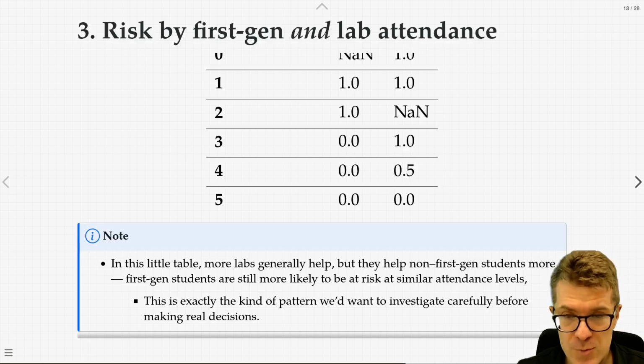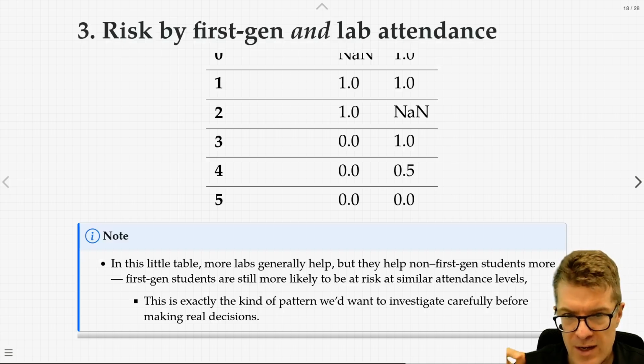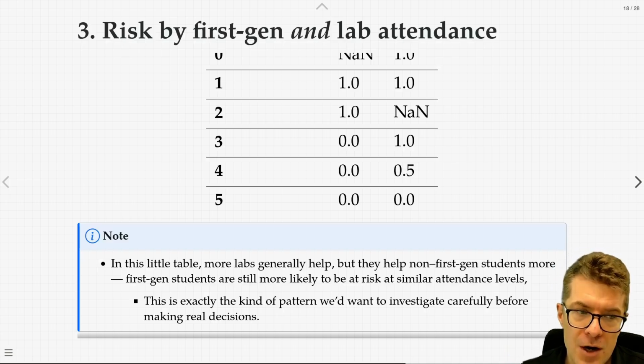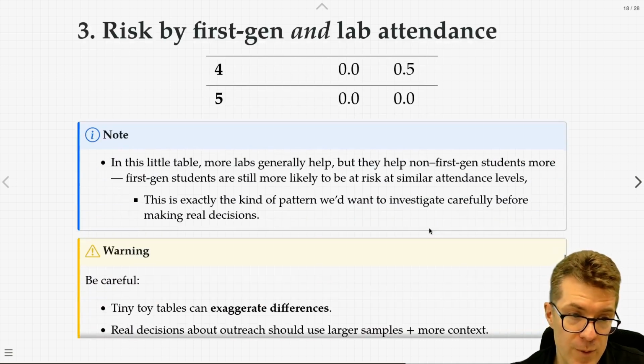I'm not an expert in that domain by any means, but that's one possible explanation that might explain any kind of correlation, right? So it might still be the case that first generation students are doing better, but they're doing better because they're attending more labs. And if we just got the first generation students to show up to more labs, then the problem hopefully would be at least improved upon.